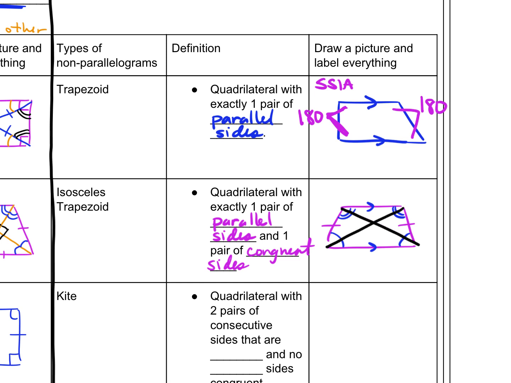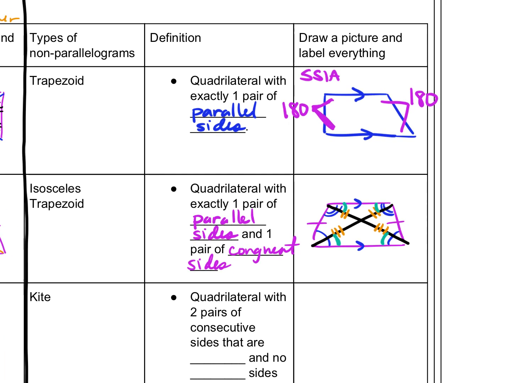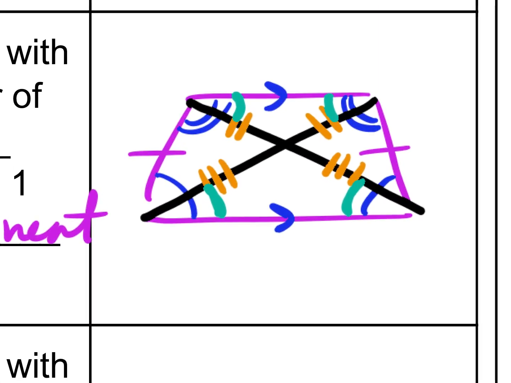The diagonals themselves are congruent, which means that this piece is congruent to this piece and this piece is congruent to that piece. Okay, so you do have a lot of angles that match up here. For instance, I can say that this angle equals this angle equals this angle equals that angle, right? So you have isosceles triangles with identical angles on the top and the bottom. You see that?